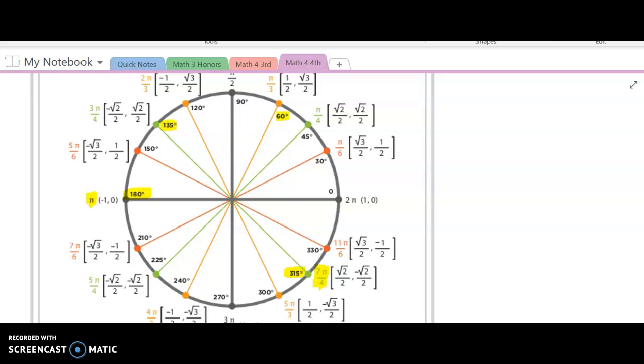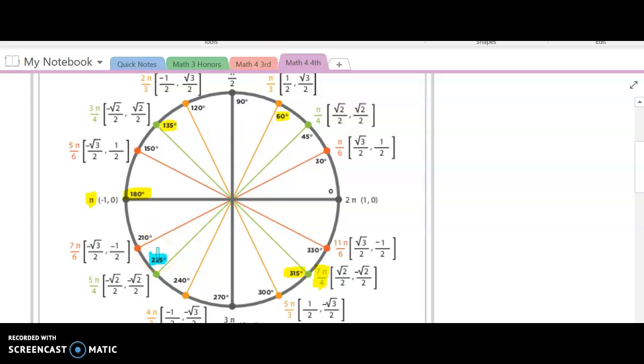So 0, 30, 45, 60, 90, all the way to 225. That's our positive version. But remember, we had it negative. So imagine I can fold this unit circle in half, and we're going to go to the coordinating one it would be touching if we folded this unit circle in half. And I'm going to use a different highlighter.